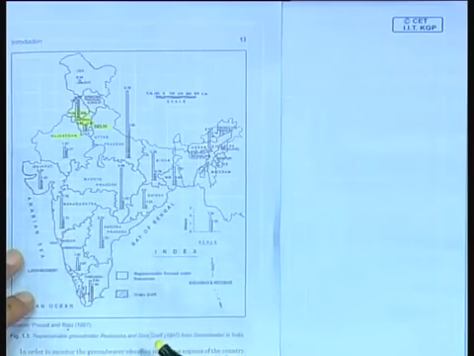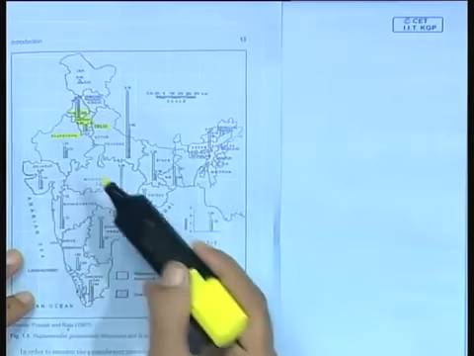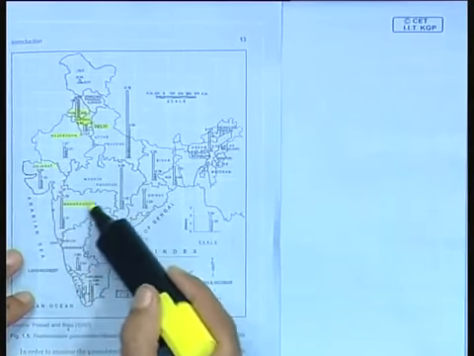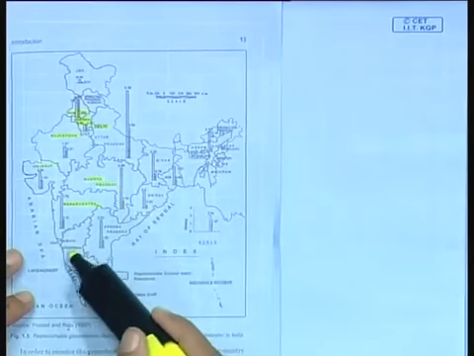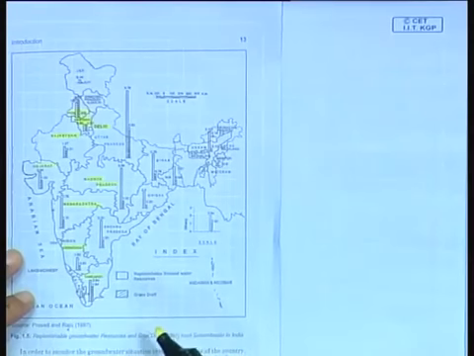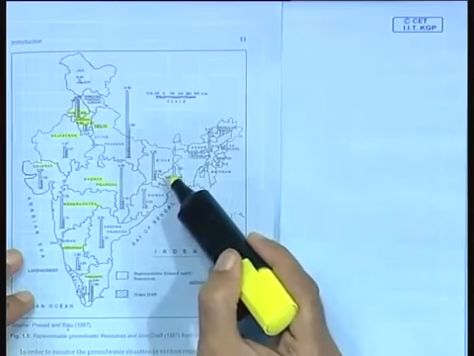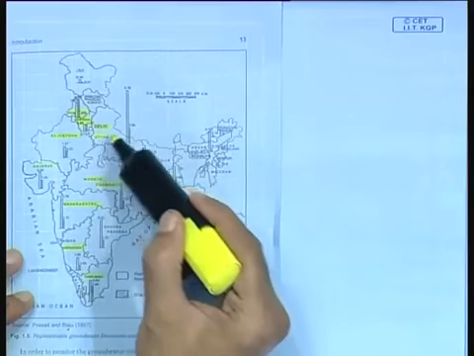Added to that are the states of Gujarat, Maharashtra, Madhya Pradesh, Karnataka, Tamil Nadu, and say West Bengal, Uttar Pradesh.